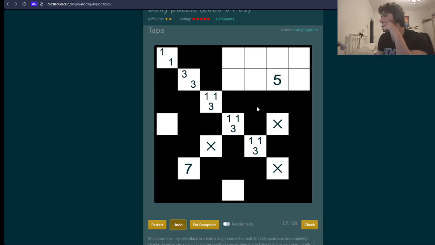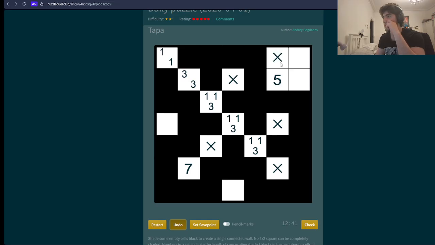I mean, yeah, this reaches everything, but if that's shaded in, this can't be shaded in, which means that the only way to get to the top would be to go around. Right, because if that cell isn't shaded in, then the only way to do 5 would be this and this, but then you would be locked off with that, right? That wouldn't work, because you wouldn't be able to connect these cells to the other black cells. So this cell has to be shaded in. And this cell and this cell.